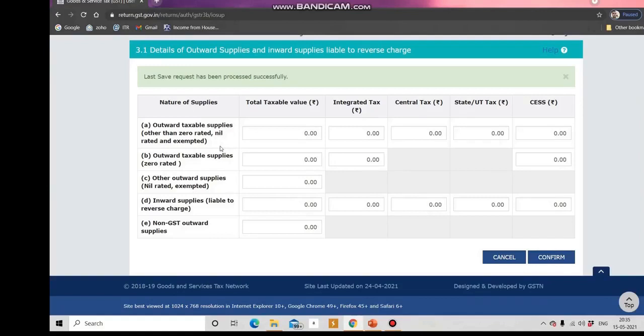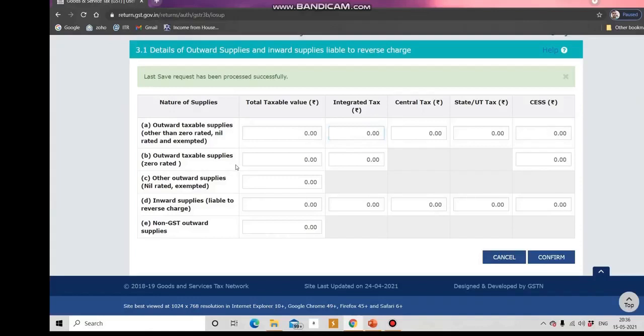And nil rated supplies are those supplies which are mentioned in the GST rate notification at nil rate. Exempted supplies are supplies chargeable to GST, but temporarily they are not exigible to GST because of an exemption notification in force. So other than all these supplies, the remaining outward taxable supplies we need to enter over here. So taxable amount, integrated tax or CGST, SGST if it is within the state sale.